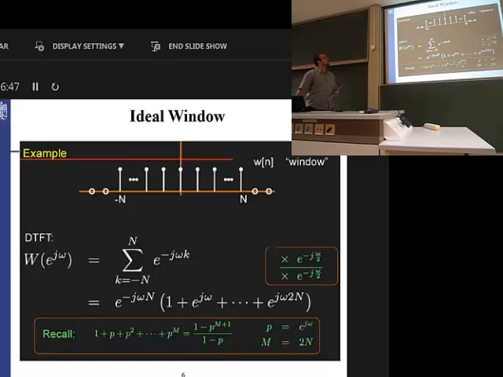As an example, we went through the ideal window, just a window from minus n to n. We have 2n plus 1 samples. The amplitude of the samples is considered to be 1, so we consider it an ideal window.